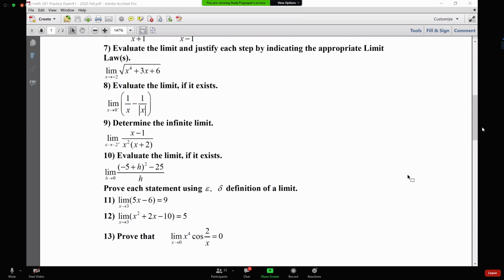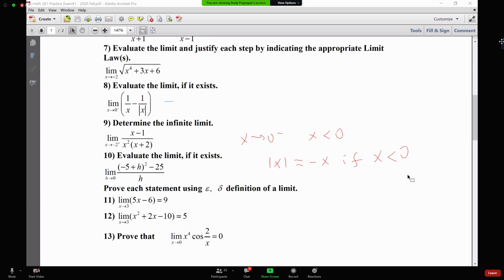Perfect. Okay, x approaches 0 from the left. Now, when x approaches 0 from the left, it means x is less than 0. Absolute value of x equals negative x if x is less than 0.